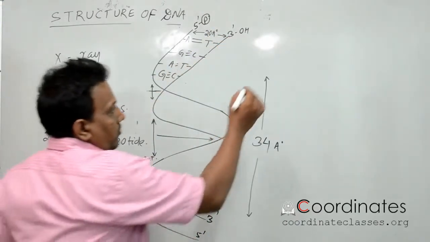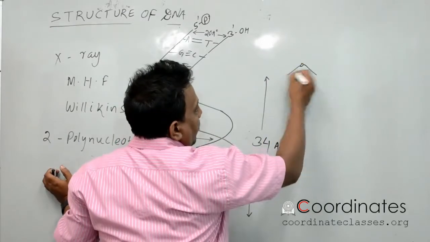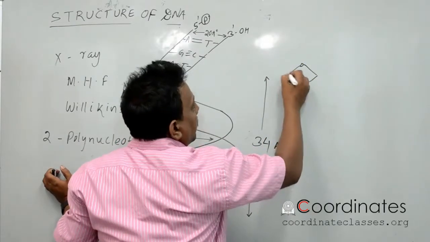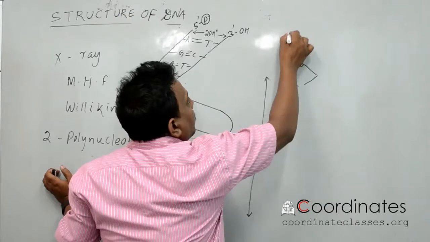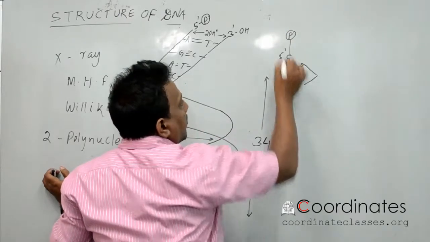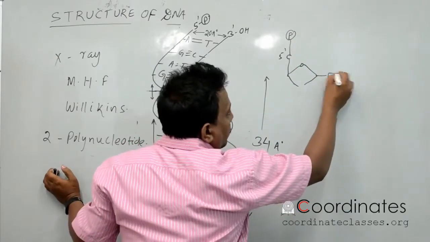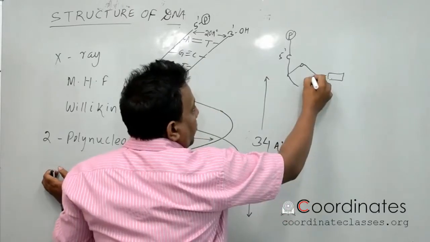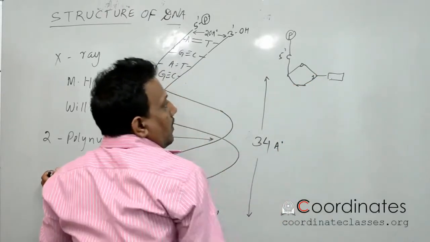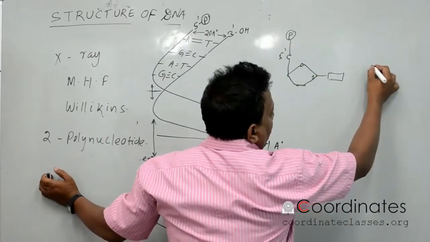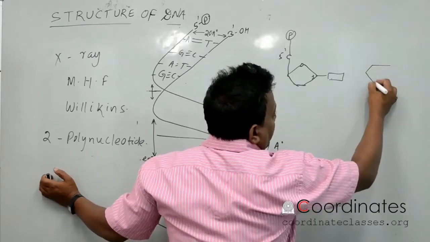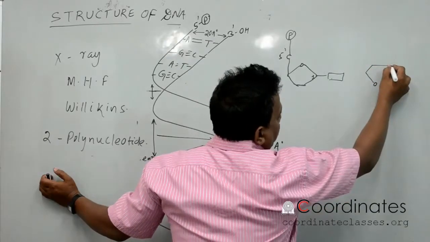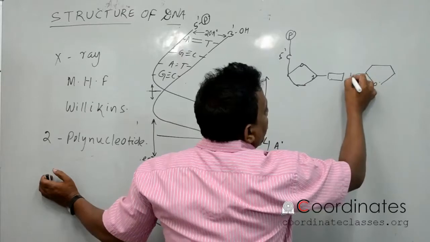It means if you see the sugar phosphate backbone, one strand runs in such a manner that the phosphate is at the 3 carbon atom, and a nitrogenous base is attached to carbon one of the sugar. Now in the other strand, the position will be in this manner.